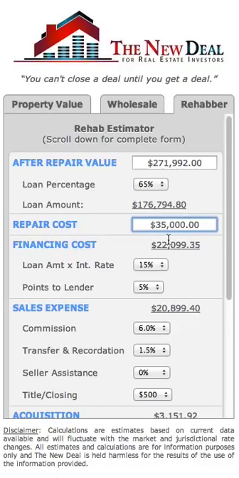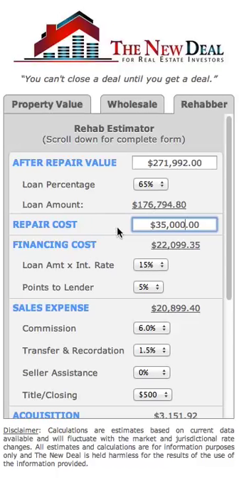Now, these next few sections are where most investors, especially new investors, really misjudge what they should be doing. So here, the financing cost. Remember, as someone who is going to rehab the home and either hold it or turn around and sell it, you need to be aware of these fees because you're borrowing money.